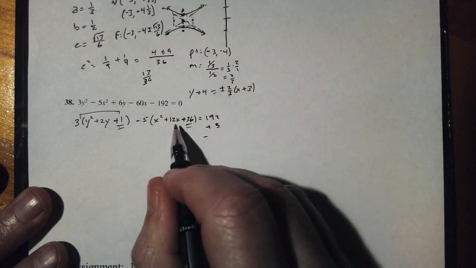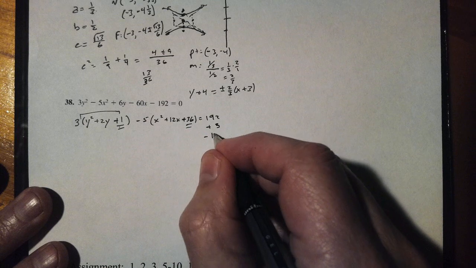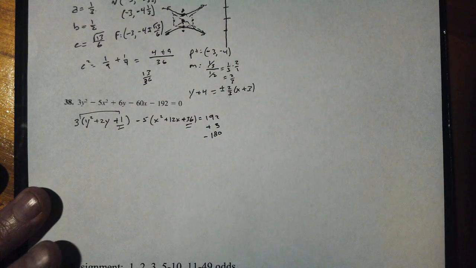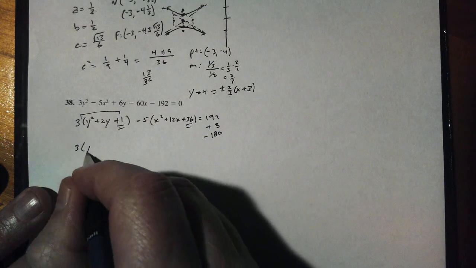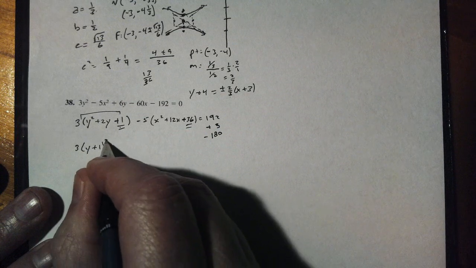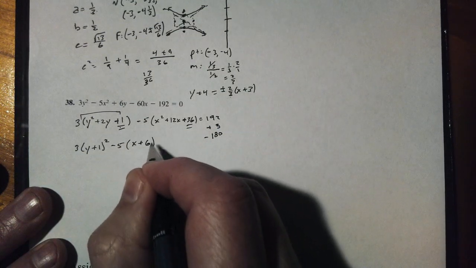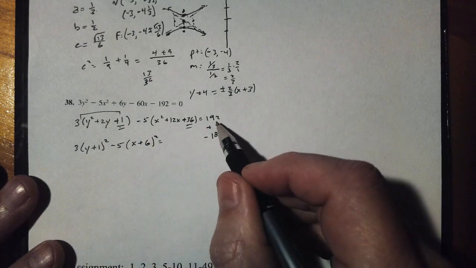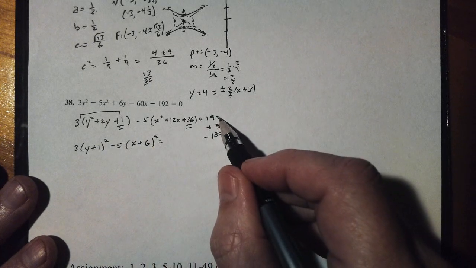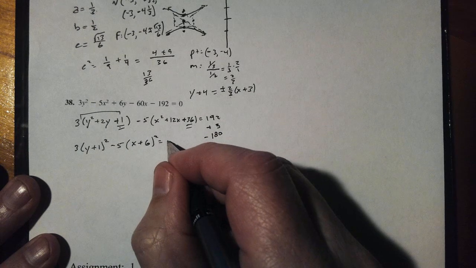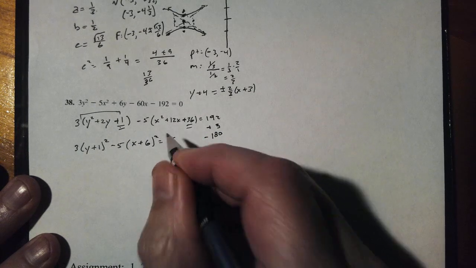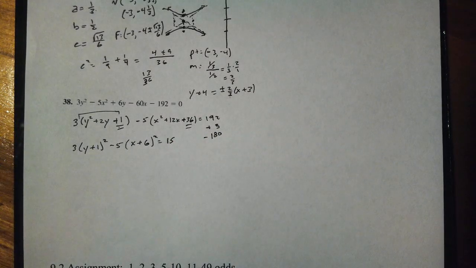I really subtracted 150 and 30. I really subtracted 180, so I get 3 times y plus 1 squared minus 5 times x plus 6 squared equals 12 plus 3, 15, exactly what I would hope it would be. That works great with the 3 and the negative 5.